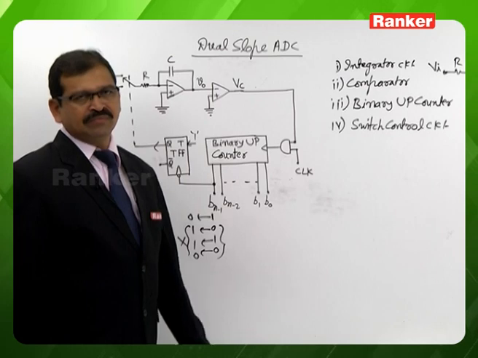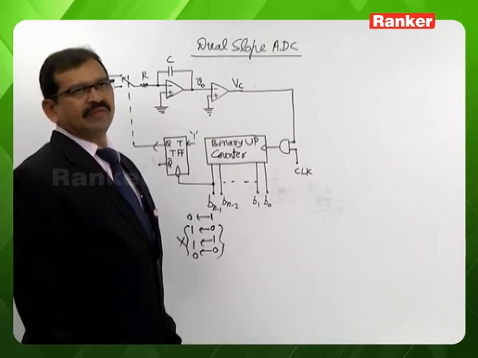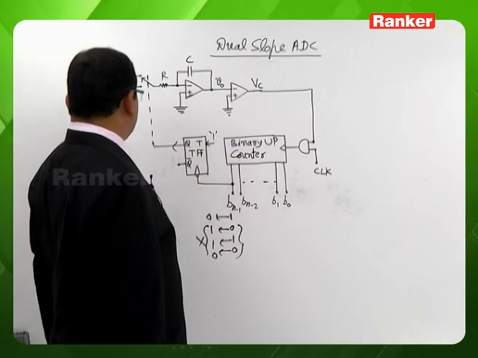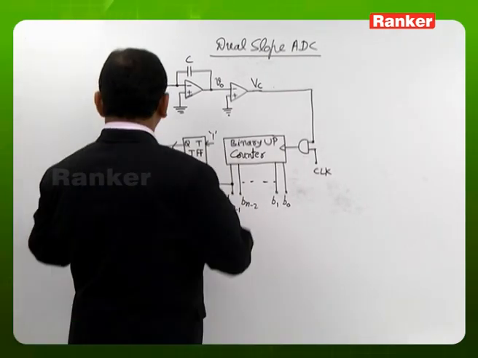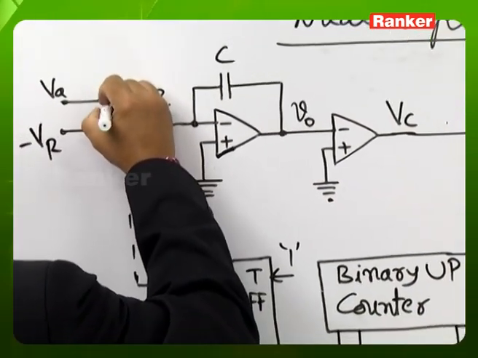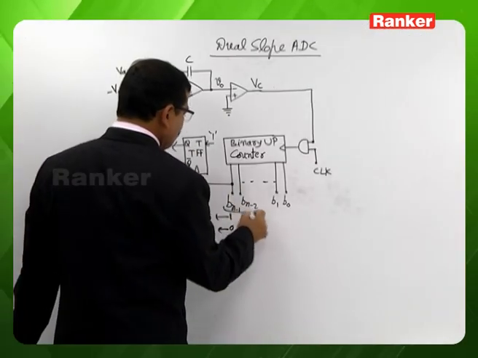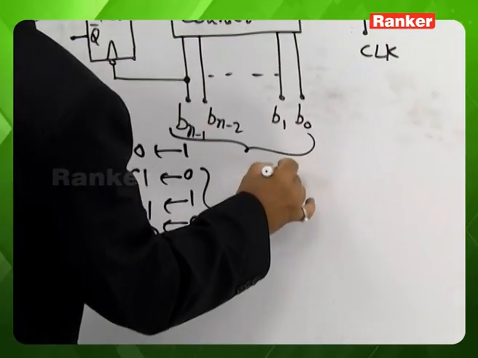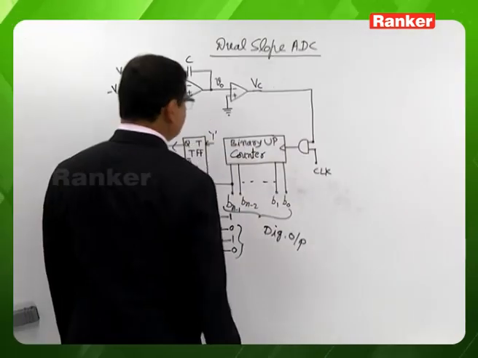Now let's look at the operation of this dual slope analog to digital converter. Initially the switch will be connected to the analog signal VA, that is the signal which is to be converted to the digital form. So the digital readout we are going to read from this binary up counter outputs.